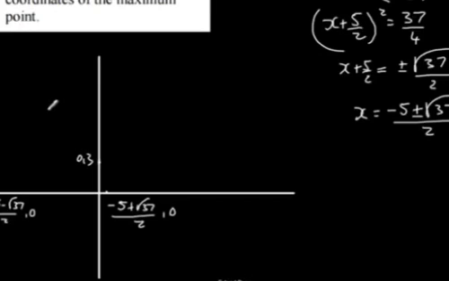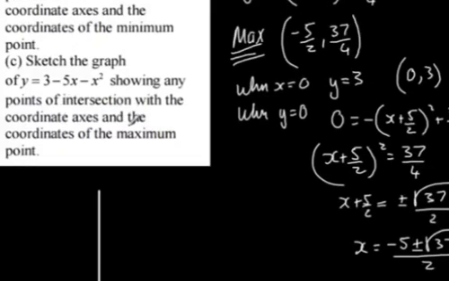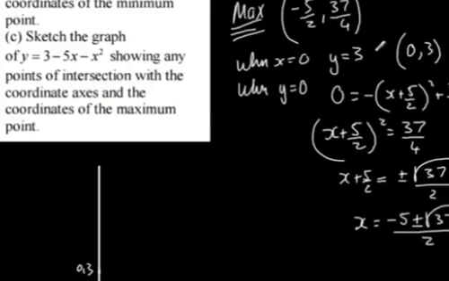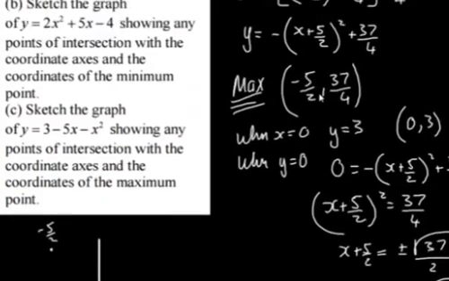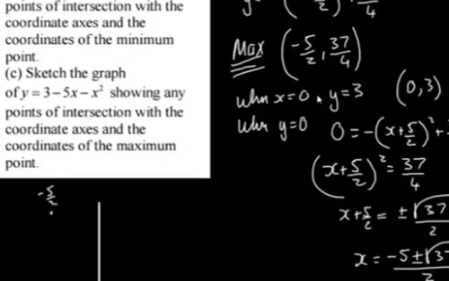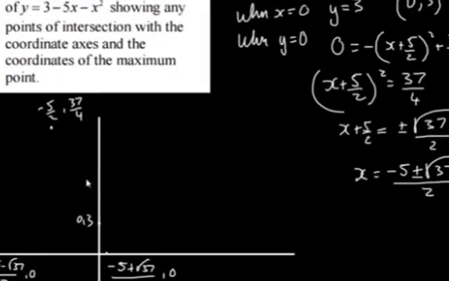And then we're going to have now this maximum point, and if we think about 37 over 4, it's just over 9, so it's going to be somewhere up here, give or take, let's go just here. So this is going to be the negative 5 over 2, that's what we've got here, negative 5 over 2, and then 37 over 4. And that's our maximum point.